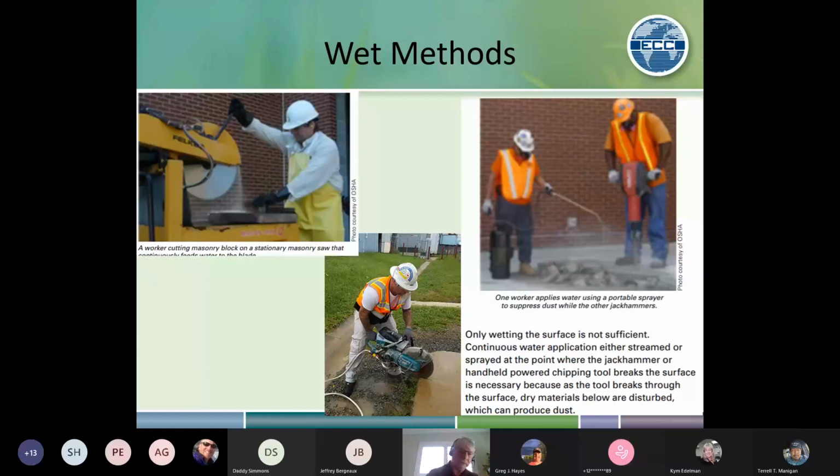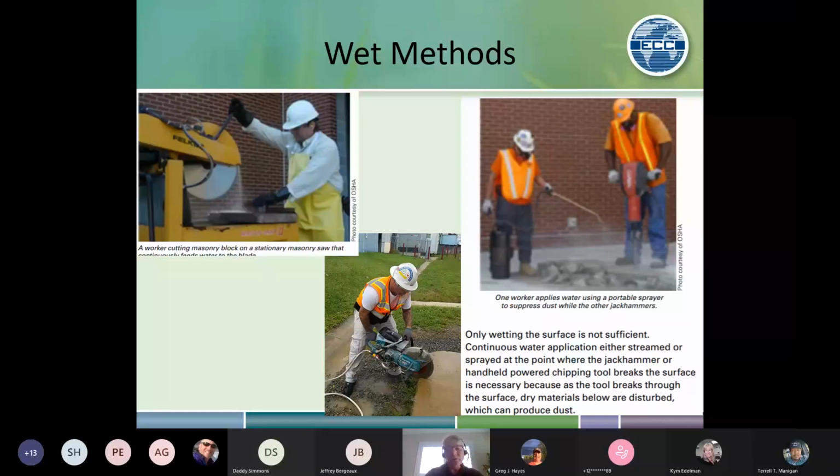Here's some examples that you might see on your job sites commonly. You might have a masonry saw, stationary masonry saw, cutting blocks or bricks or tile or whatever. And most of these, it's pretty common now to have an integrated water supply, and we should just require that of our subcontractors. Same with a concrete saw, like you see on the bottom, a handheld concrete saw.